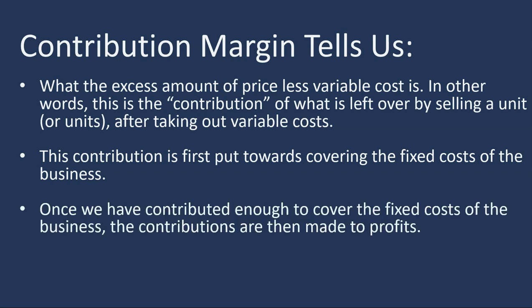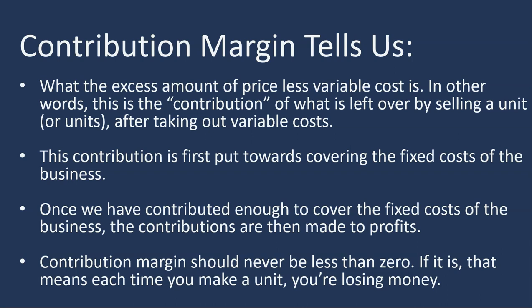Once we've contributed enough to cover the fixed cost, the contributions then get made to the company's profits. So obviously at break-even, profit is zero. Our cost equaled our revenue. Once we have more revenue than we do variable and fixed cost, we are contributing towards our profit.